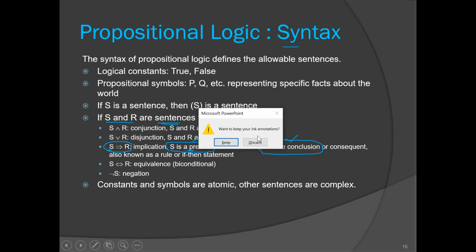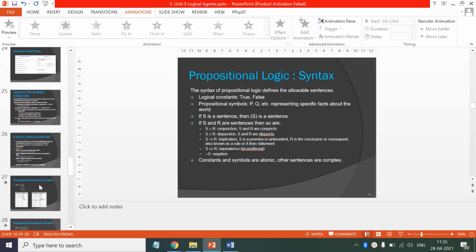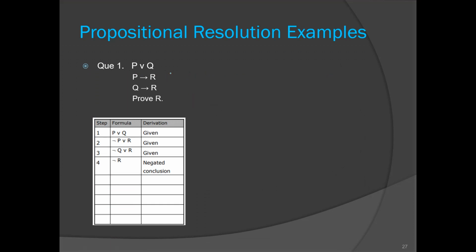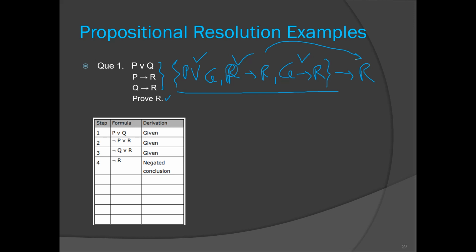And what was happening in the problem that we solved, see, these were the premises and this was the conclusion. So we had P or Q, P implies R, and Q implies R, implies R. This is our bigger implication, and these are the given premises, and we wanted to conclude whether these premises derive R or not.